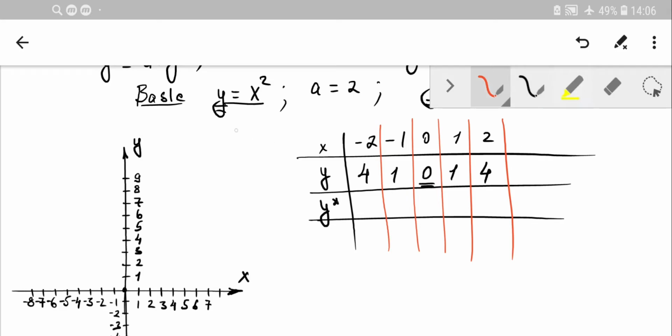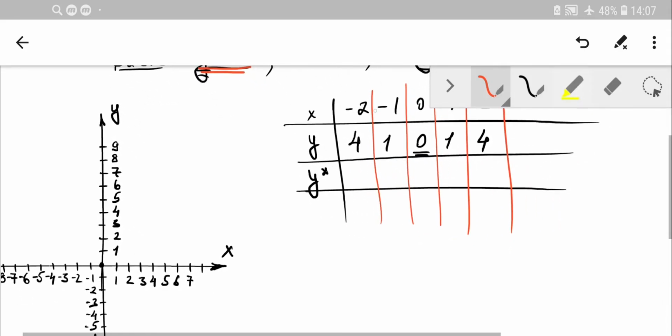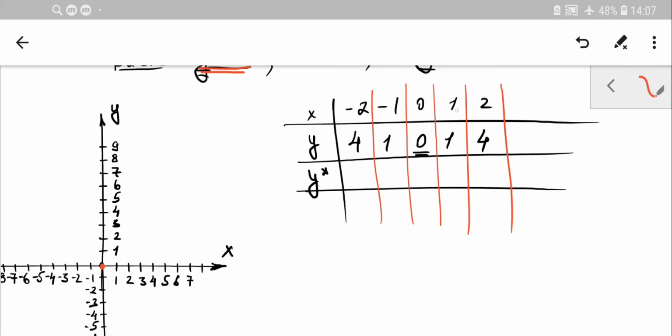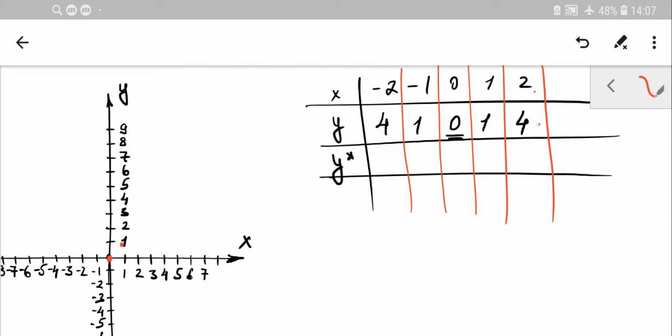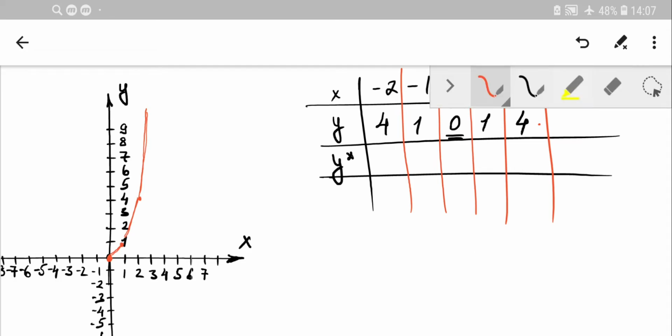I'll use red to depict my basic parabola. When x is 0, we have 0, it's here. When you have positive 1, you get y = 1 as well, so it's here. And then you have 2 for x and 4 for y. So that's the point. Then we smoothly connect all the points to get our parabola, the graph that represents y = x squared.